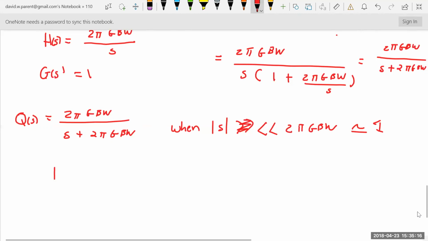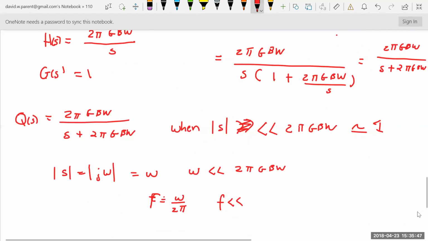Well, the magnitude of S equals the magnitude of j omega, right, equals omega, right? So now we have when omega is much less than 2 pi gain bandwidth. Well, frequency equals omega divided by 2 pi.